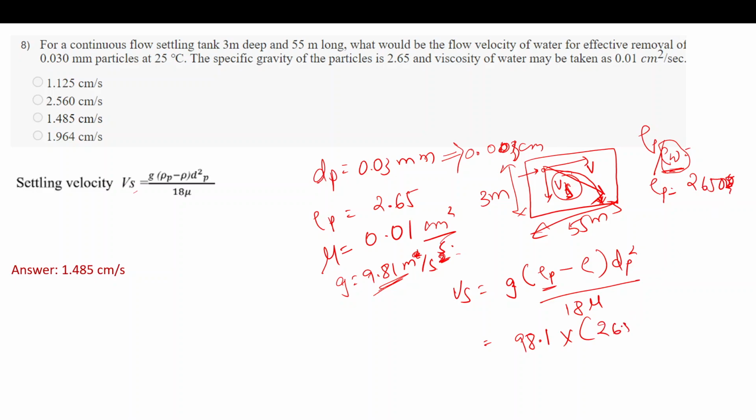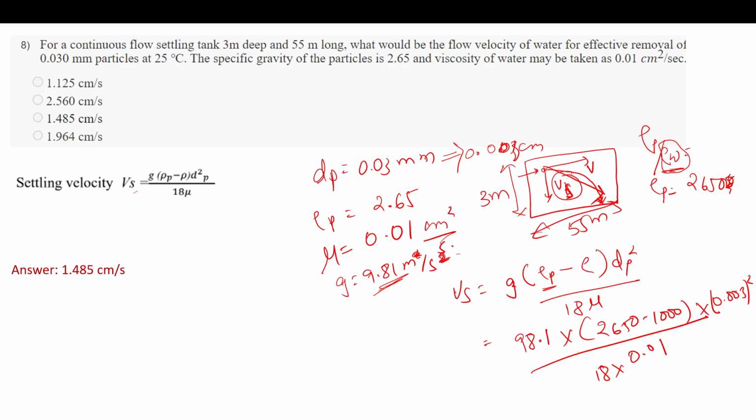So 2650 minus 1000, which is the density of the fluid, water, divided by 18 into mu, which is 0.01, into dp square. Now dp in centimeter is 0.003 square.